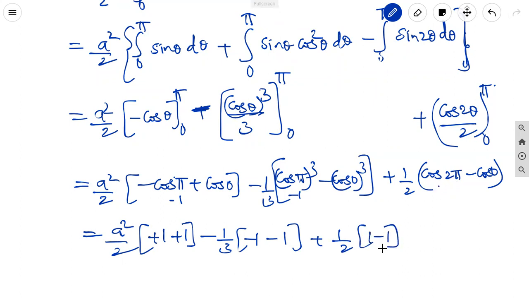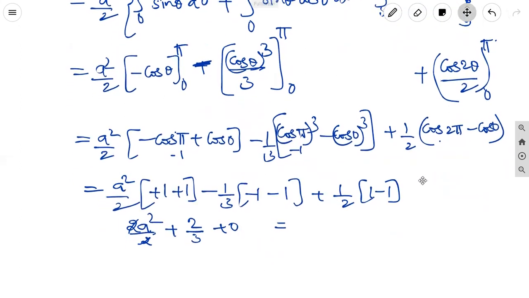It is equal to, this is 0. It is 2a square by 2 minus into minus plus 2 by 3 plus 0. Here 2 gets cancelled. The answer is a square plus 2 by 3.